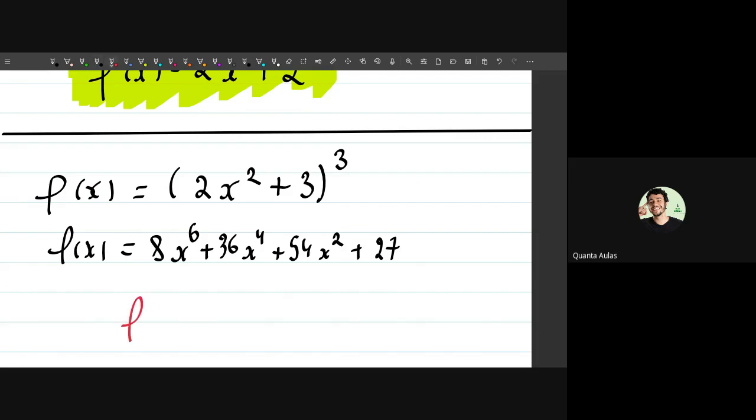If you have a function k x to the power of n, the derivative is k n x to the power of n minus 1. So for example, 8x to the power of 6 will be 8 times 6 x to the power of 6 minus 1. Perfect.